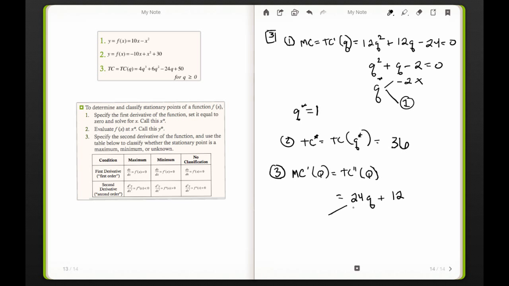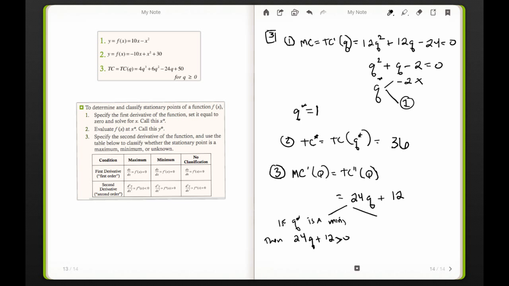For a minimum, the second derivative has got to be greater than 0. So if q star is a min, then it must be that 24q plus 12 is greater than 0.